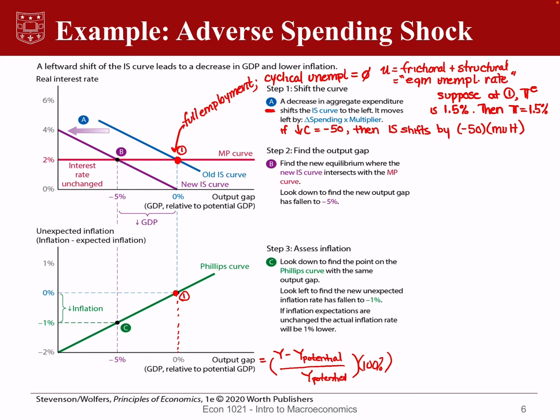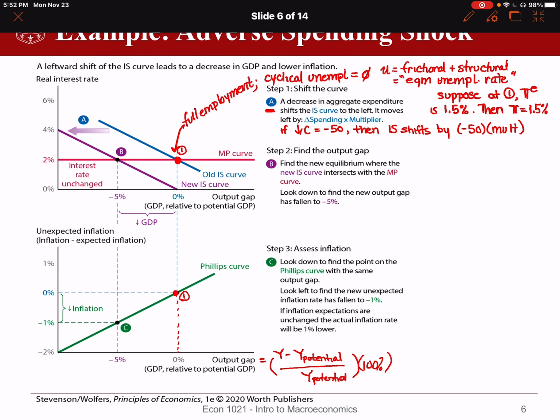Now, how do I know that? Well, let's remind ourselves of what we saw before. We said when we were talking about the multiplier that the change in real GDP is equal to the initial spending change times the expenditure multiplier.